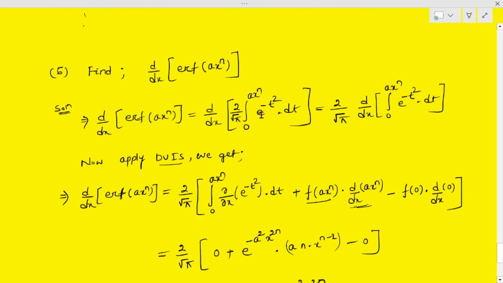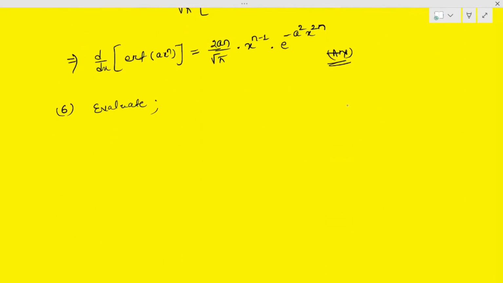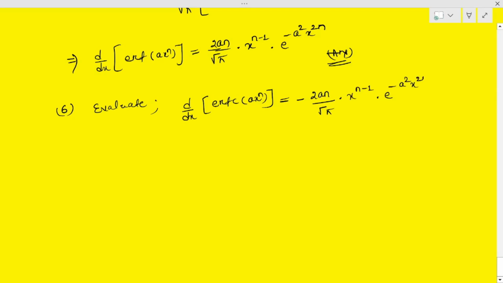Same, I am going to give you this to do by yourself: the differentiation of the complementary error function of ax to the power n with respect to x. Here the complementary error function is there, and its answer will be just minus of 2an by root over pi into x to the power n minus 1 into e to the power minus a square x to the power 2n. You just do it by yourself. This is your assignment.